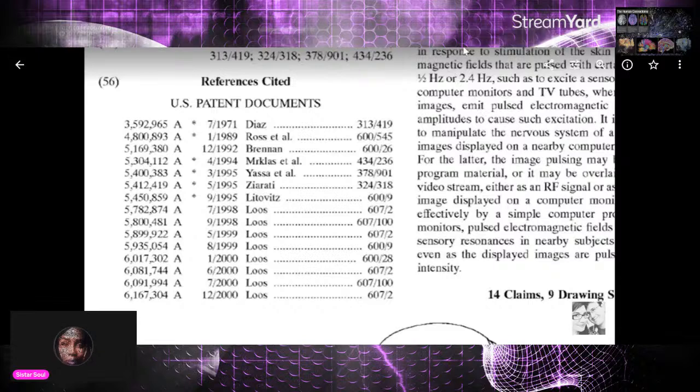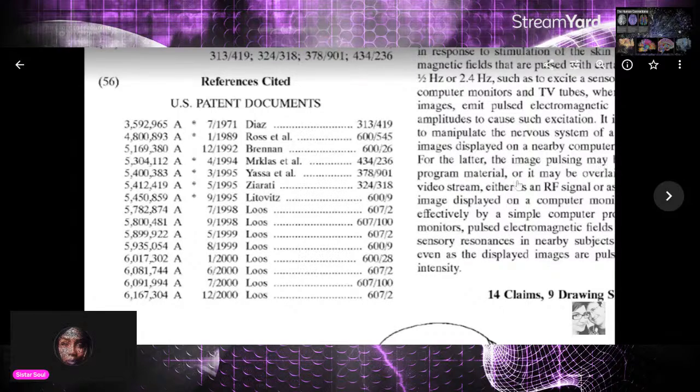This is very important. I hope you guys are listening. Pay attention, right? It says whenever images emit pulsed electromagnetic frequency amplitudes to cause such excitation, it is to manipulate the nervous system of images that are displayed on a nearby computer.